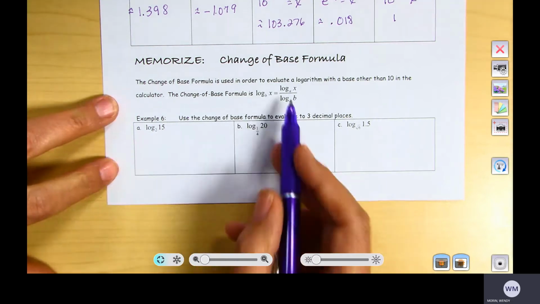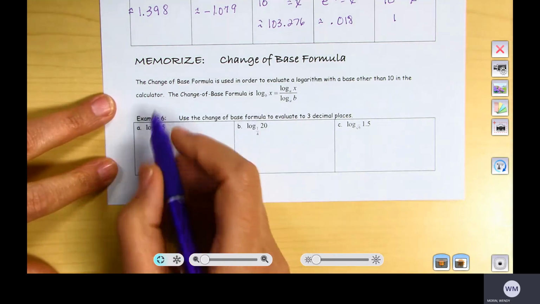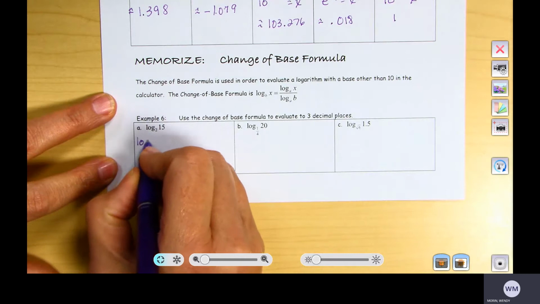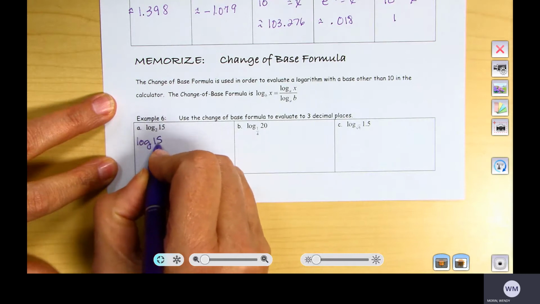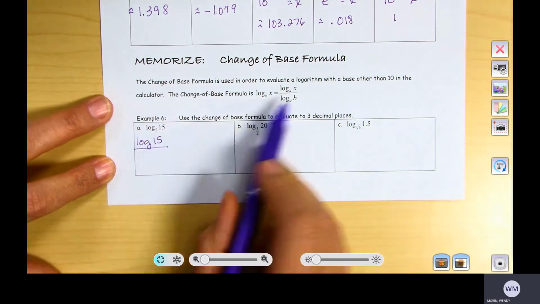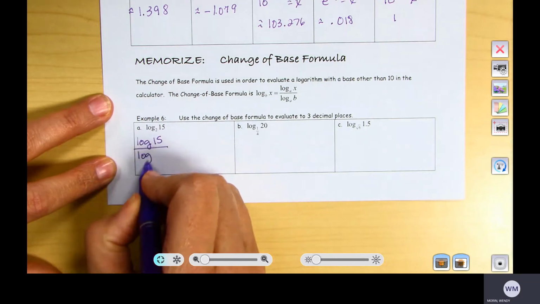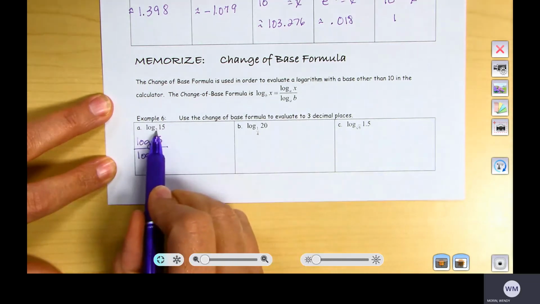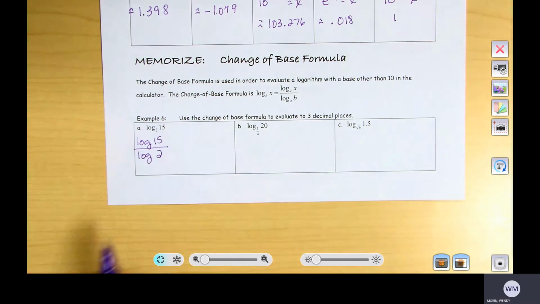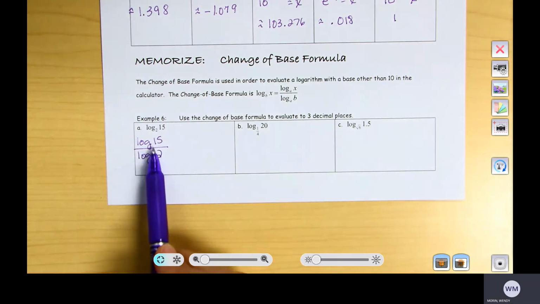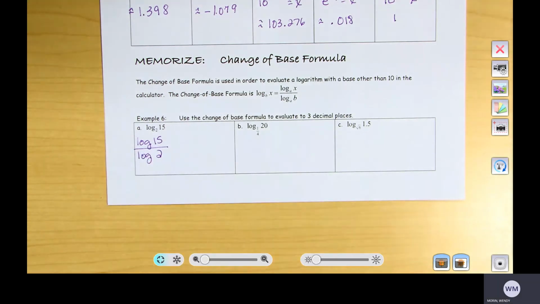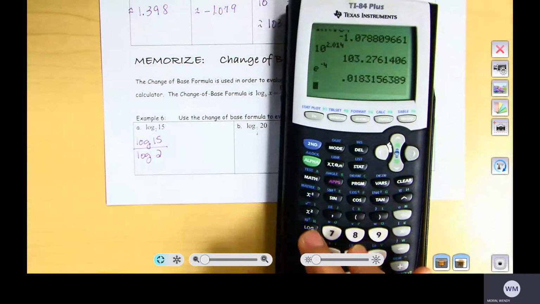So since we have a base 10 on our calculator, one of the things that I could do is change it to the log of 15 base 10 divided by the log of 2 base 10. That allows me to change my base to base 10. So let's see what that answer would be.